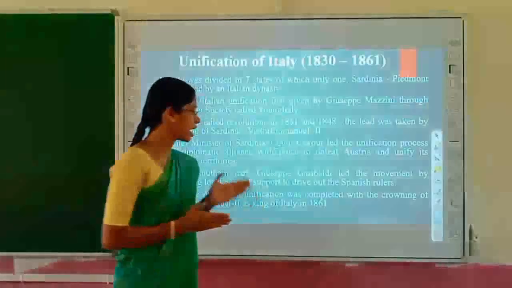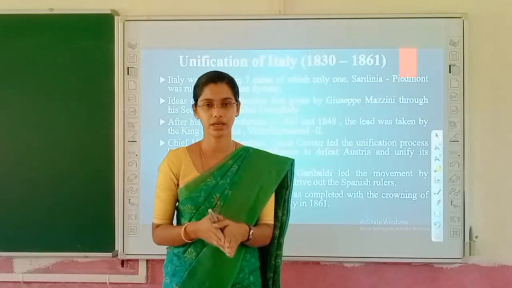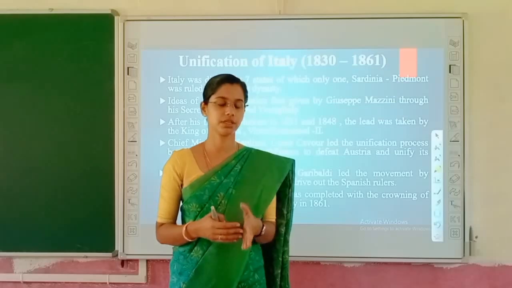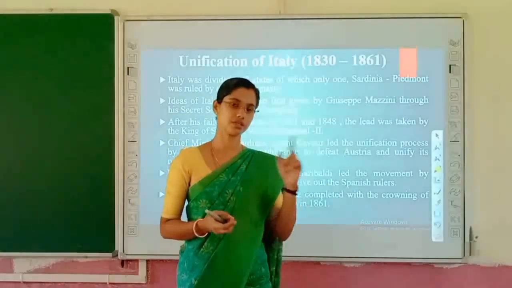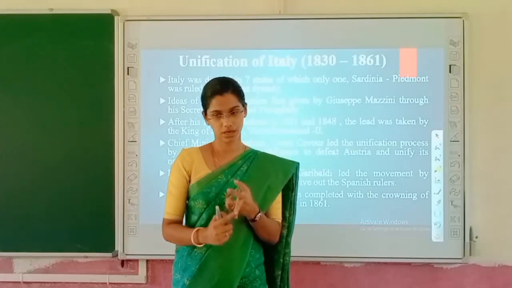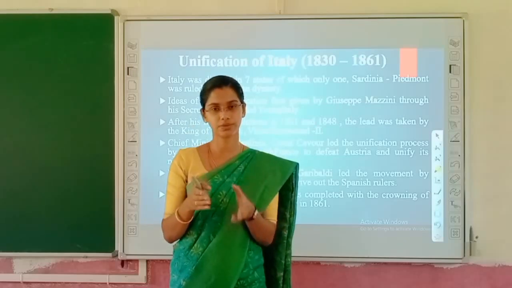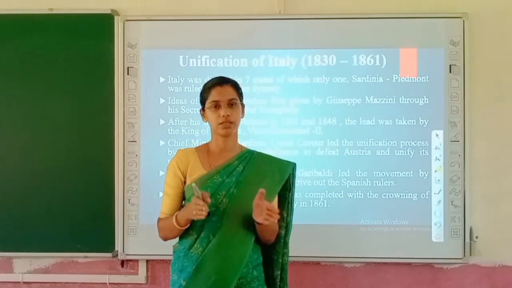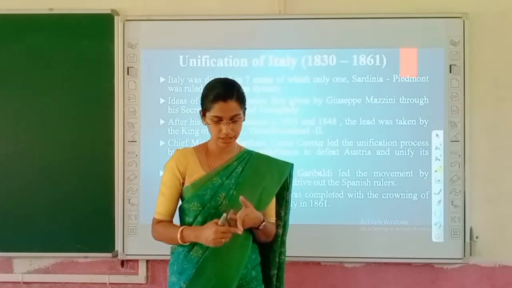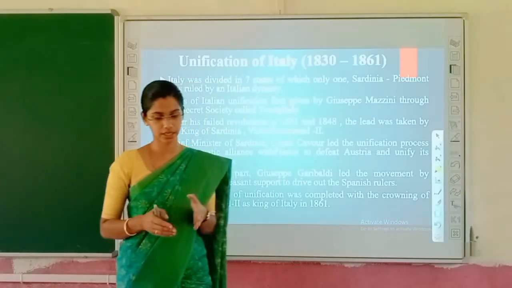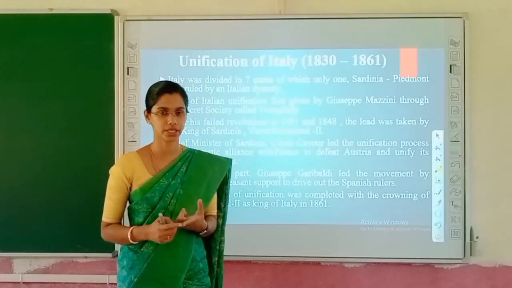A large armed force was headed by one of the famous persons, Giuseppe Garibaldi. Another one was Giuseppe Mazzini, and the head of the armed volunteers was Giuseppe Garibaldi. A large number of armed volunteers under the leadership of Giuseppe Garibaldi joined the unification process of Italy.